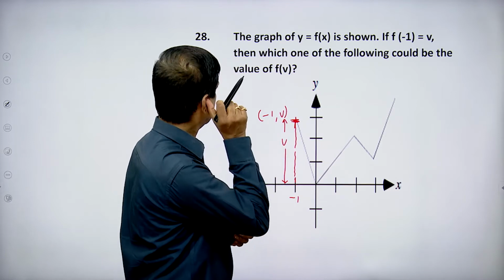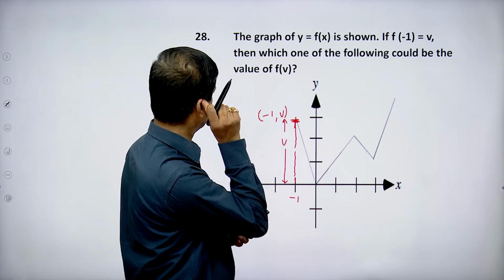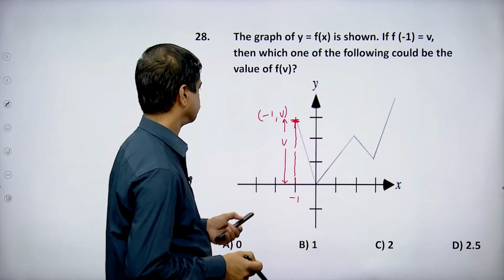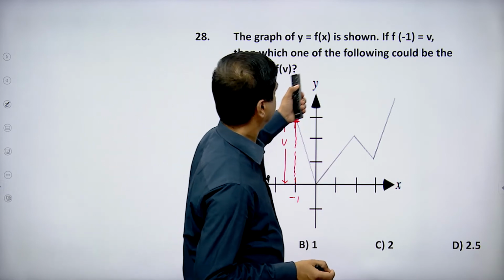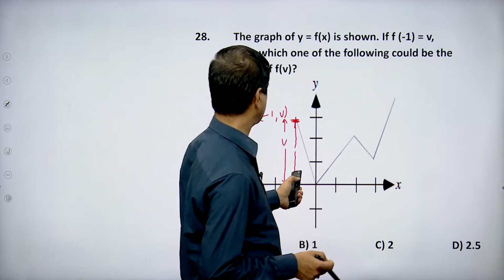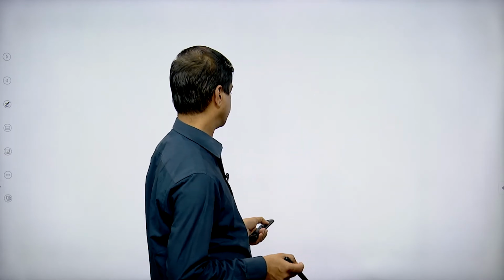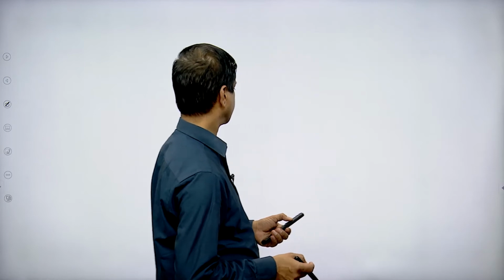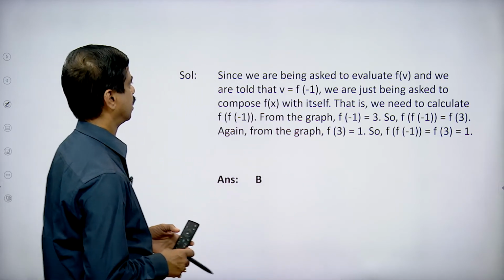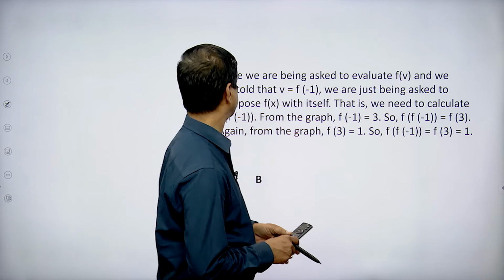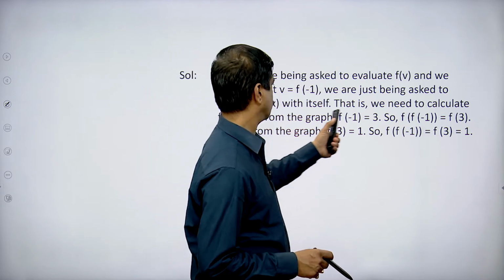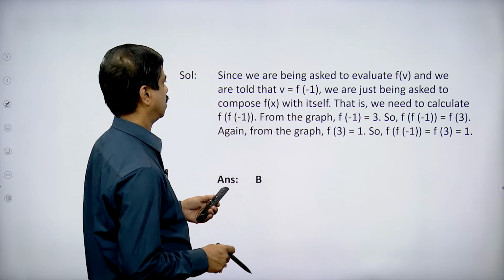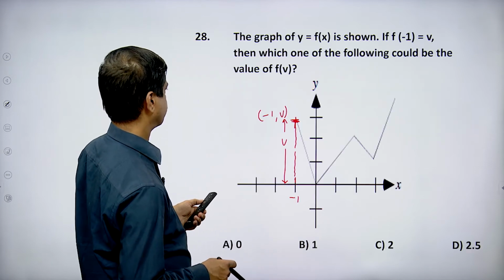Now which one of the following could be the value of f of v? f of minus 1 is v. Now we should find out f of v. So he gives options 0, 1, 2 and 2.5. So if you look at this, v equal to f of minus 1. So f of minus 1 equals 3 from the graph.